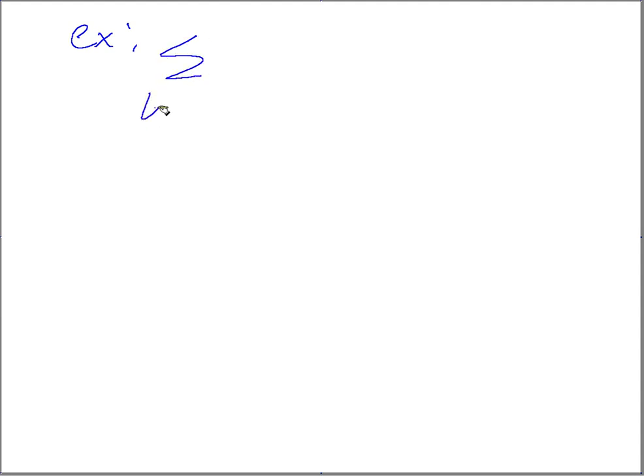Sigma of k going from, let's say, 6 to 12 of 2k. Let's make the pattern simple for us to add up. But you'll go from 6 to 12. So how many terms is that?